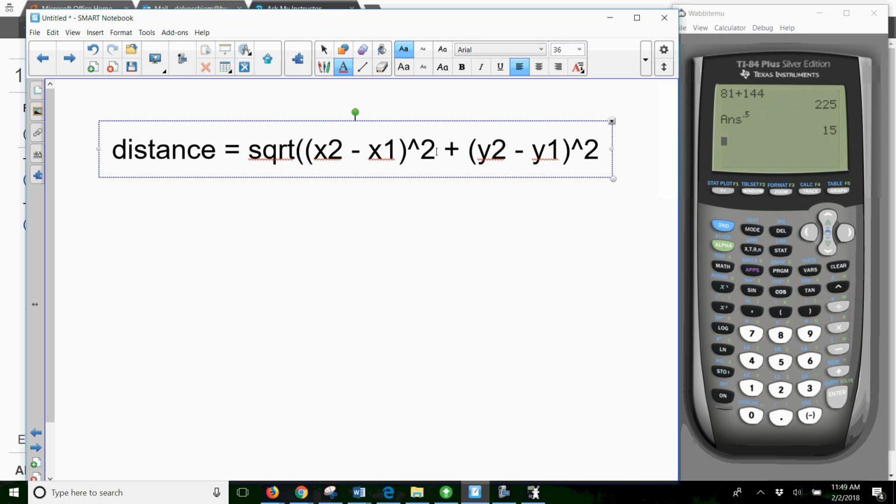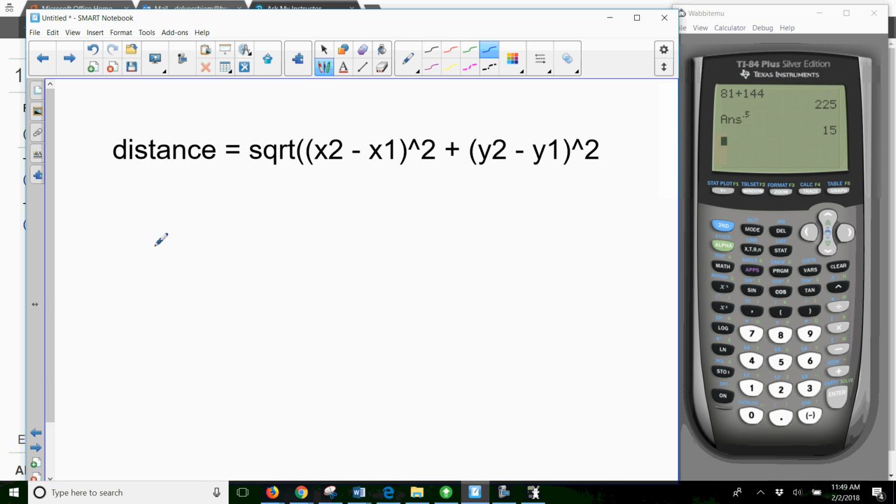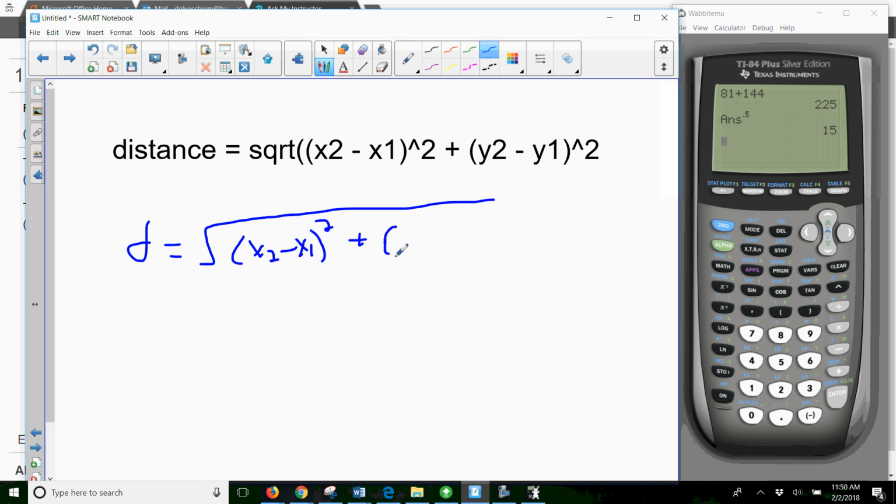So if I wrote it out, it'd be d equals the square root of (x2 minus x1) squared, which is the length of our x component of the triangle, plus (y2 minus y1) squared, which is the length of our y component, and that gives us our distance. This is really just the Pythagorean theorem.